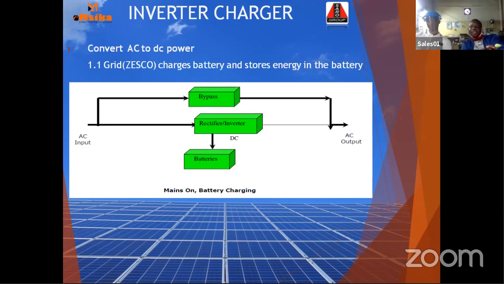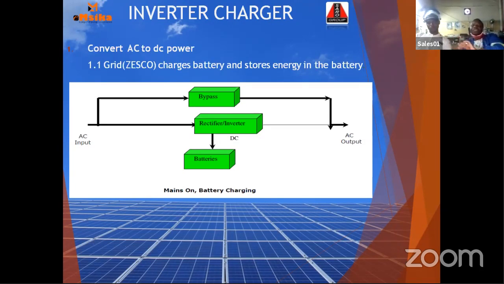So you've got your AC input. You can see the arrows there. You've got two arrows. One goes through the bypass switch, and the other goes through the rectifier, or the inverter itself. Once you feed it with supply, the power goes into the inverter. It is rectified, then it charges the battery. And then your loads are connected direct, as you can see.